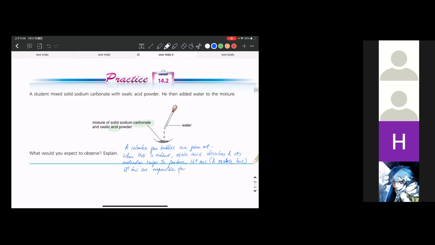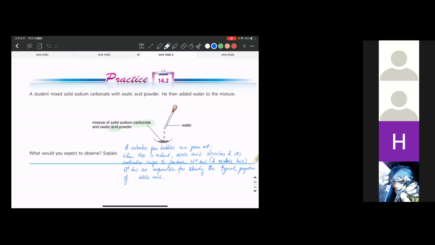Hydrogen ions are responsible for showing the typical properties of an acid, of a dilute acid.